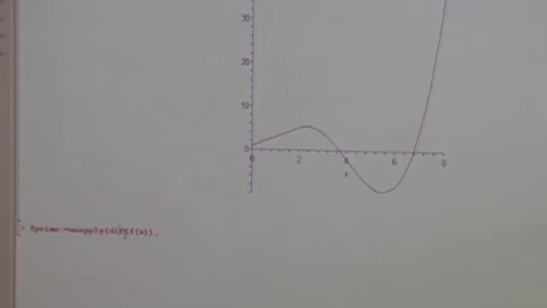I think I know how to do Maple. I don't know if I still know how to do Maple. With respect to x, do I have too many parentheses? Unapply. How many parentheses do I have? F of x. Is that good?